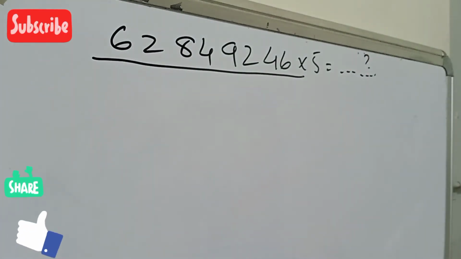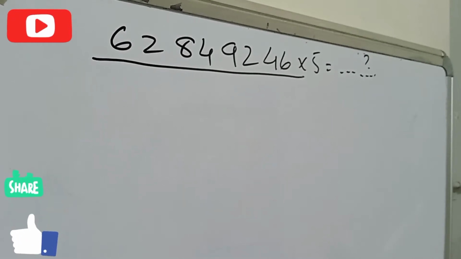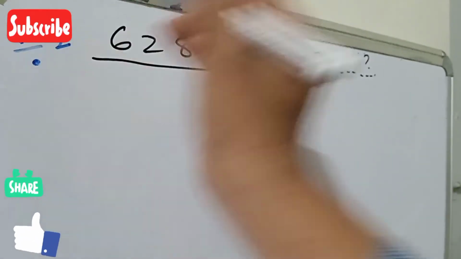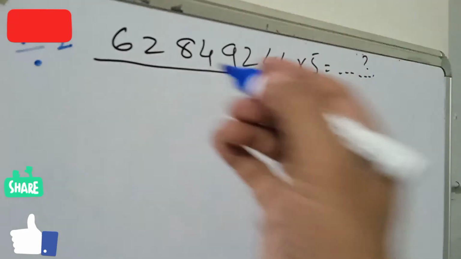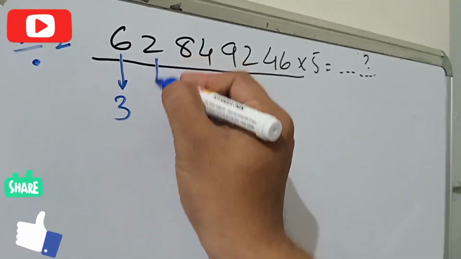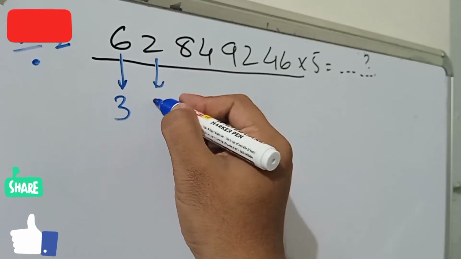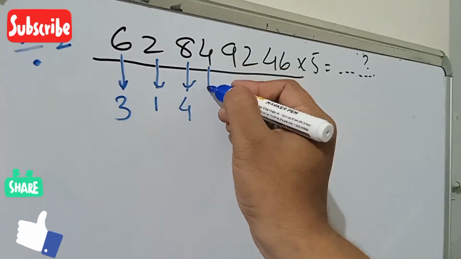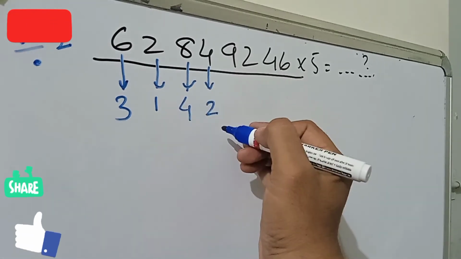I already told you all the numbers we have to go by division. Here we can apply the operation that is divided by 2. This is 6, 3, 2, 1, 8, 4, 4, 2.